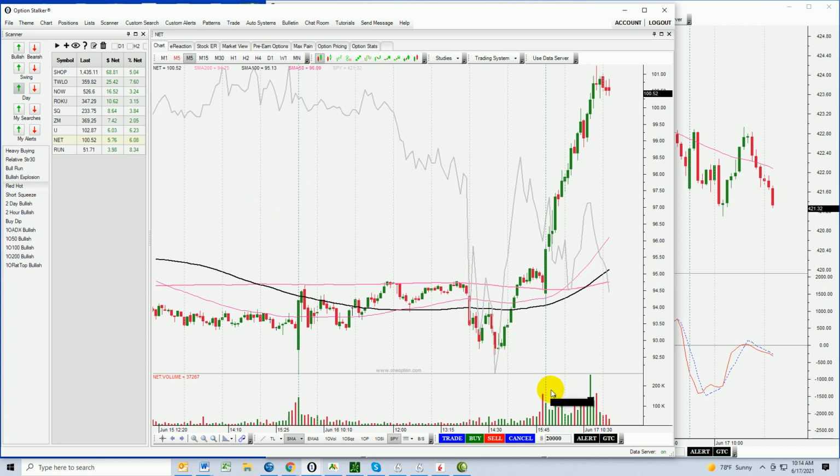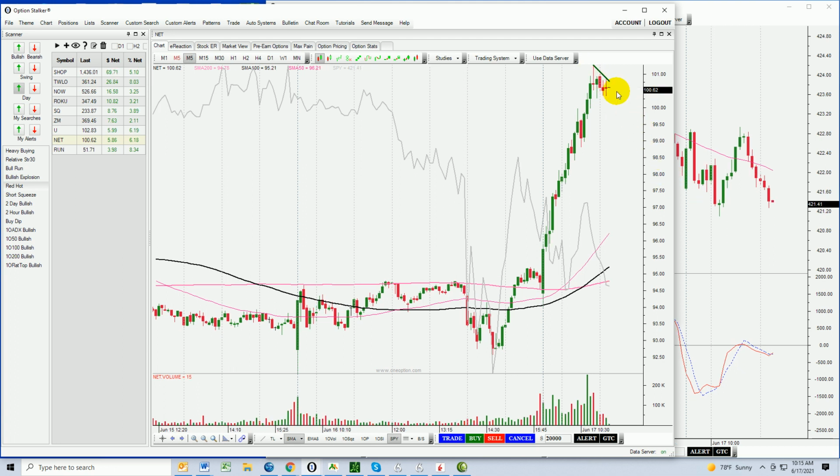Well, then what do you do? You click alert, you click on that high bar right there, you click on that right there. Now you have a downward sloping trend line. If the stock violates that on the upside, you're going to know about it. Hopefully it coincides with a bullish 10P cross. I'd be a little bit careful in here. Let's see what happens on the low of the day.